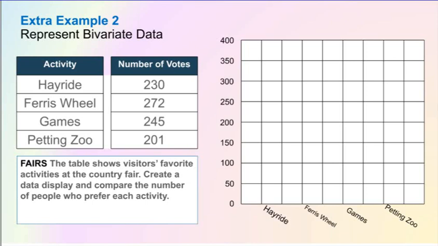Here it says the table shows visitors' favorite activities at the country fair. Create a data display and compare the number of people who prefer each activity. Since we're just comparing the numbers, we'll just do a bar graph here. So hayride is 230. So 230 would be roughly here.